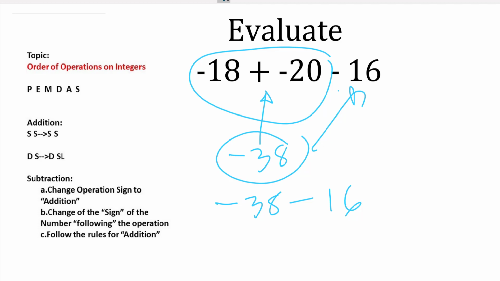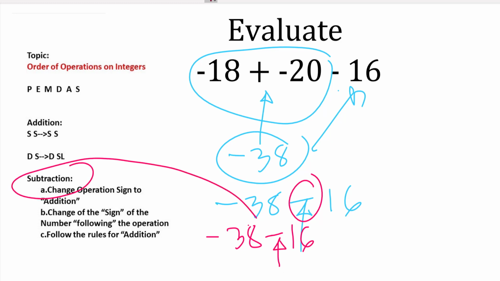This thing here is a subtraction. So minus 38 minus 16, and since this is a subtraction, you follow this rule here.